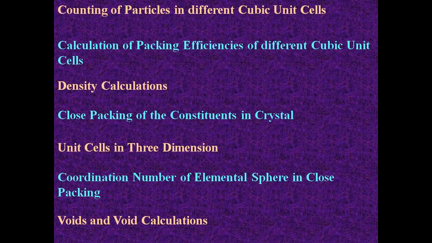Counting of particles in unit cells, simple cubic cells, body-centered cubic cells and face-centered cubic cells. Calculations of packing efficiencies of simple cubic cells, body-centered cubic cells and face-centered cubic cells. Density calculations.